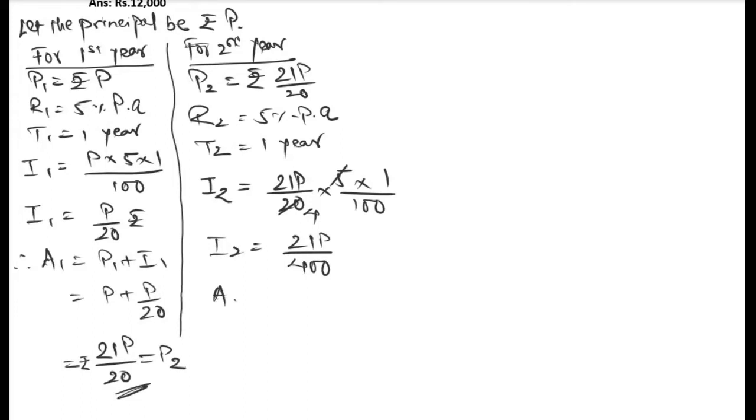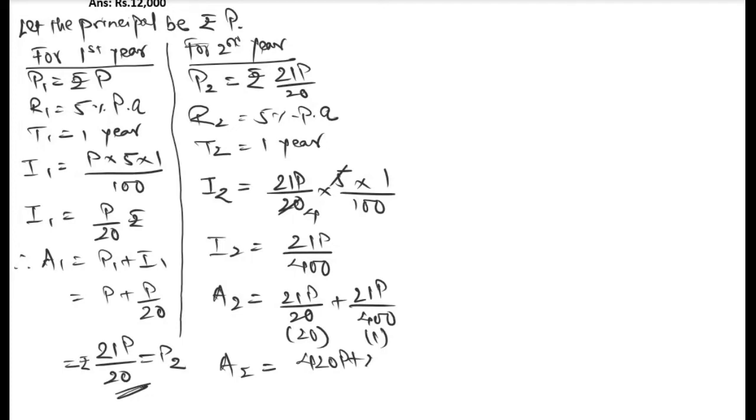So the amount at the end of second year will be 21p by 20 plus 21p by 400. The LCM of 20 and 400 is 400. So the amount at the end of 2 years will be 420p plus 21p upon 400, which is 441p upon 400. 441p upon 400. This is the amount at the end of second year.